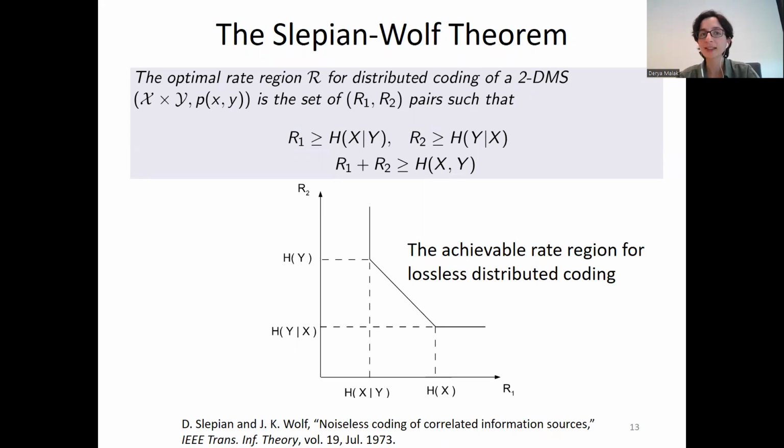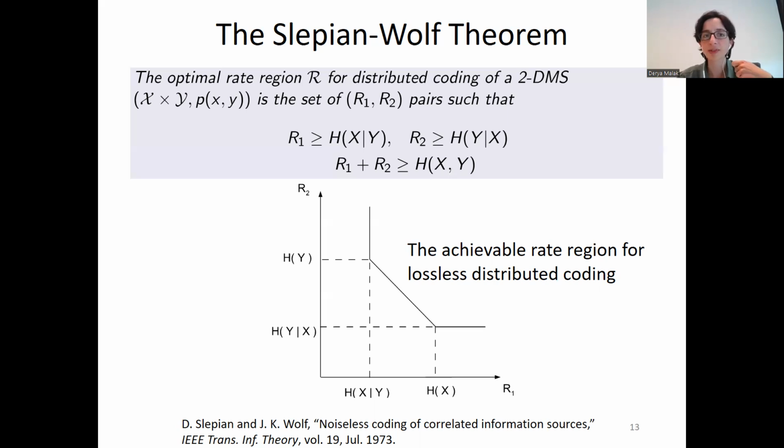And the surprising result is that even though the sources are distributed and they cannot communicate with each other, the sum rate can be made as small as their joint entropy. For two random variables that are distributed according to P_XY, the best rate at which we can compress them, if they were located in the same place, would be their joint entropy. But even in the distributed setting, it is possible to compress up to this fundamental limit. That is the strength of their result.